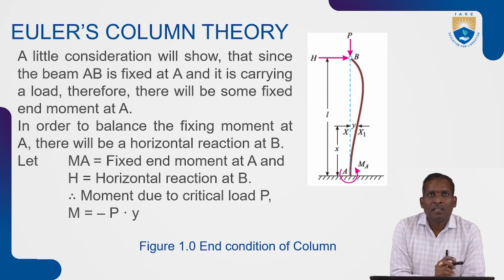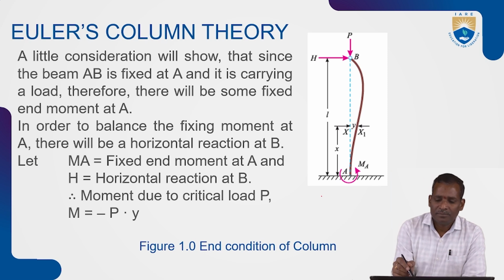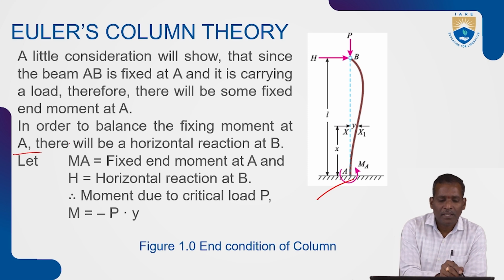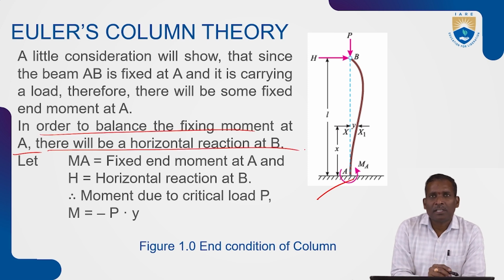A little consideration will show that since the beam AB is fixed at A and is carrying load, there will be some fixed end moment at A. In order to balance the fixing moment at A, there will be a horizontal reaction at B.